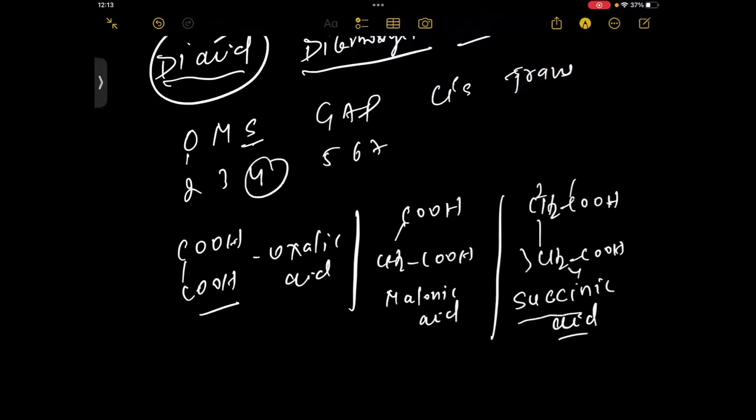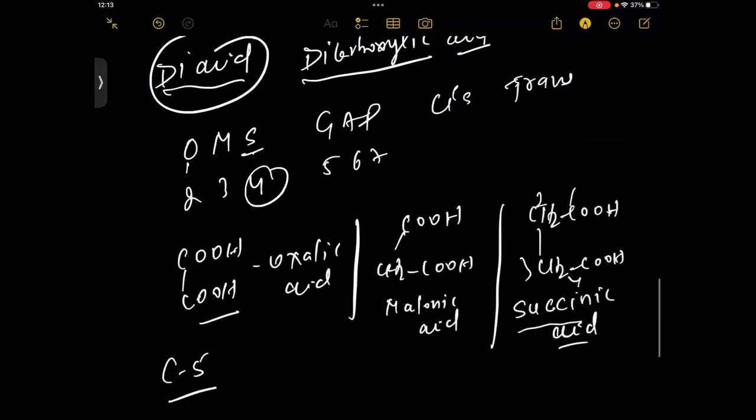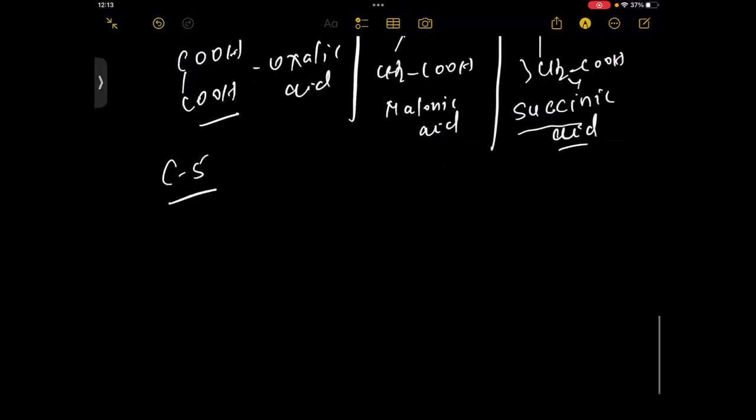Okay. Now we talk about what is next: glutaric acid, with 5 carbons. I have written here 5 carbons, that is COOH, CH2, CH2, CH2, COOH: 1, 2, 3, 4 and 5. This is called glutaric acid. Okay.